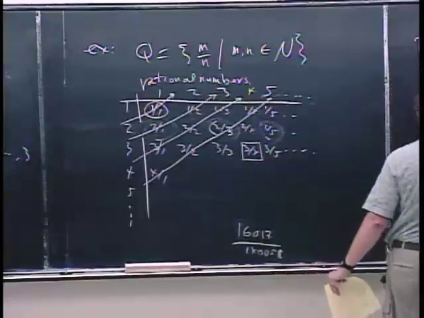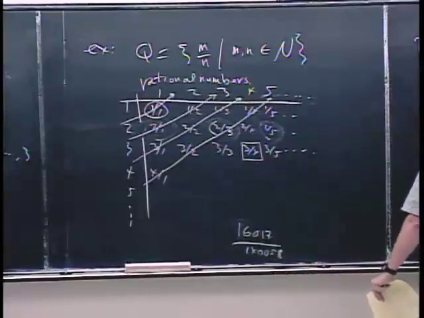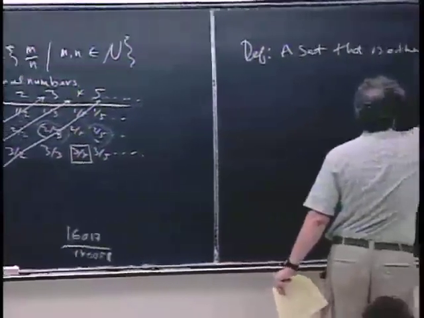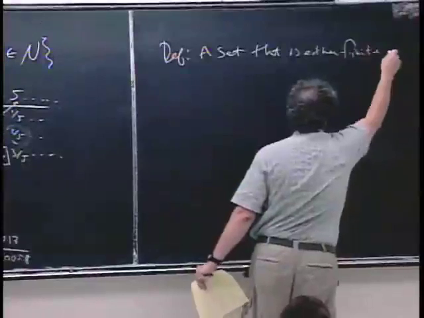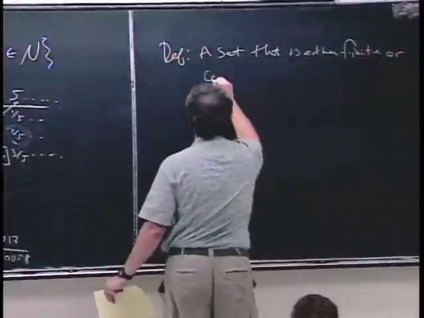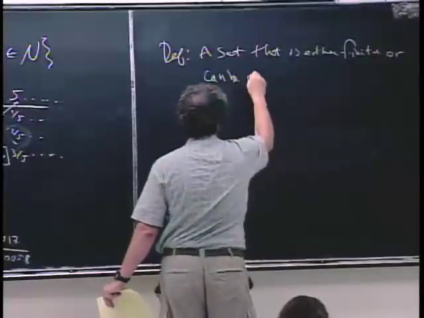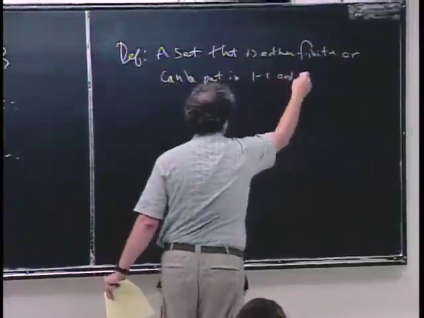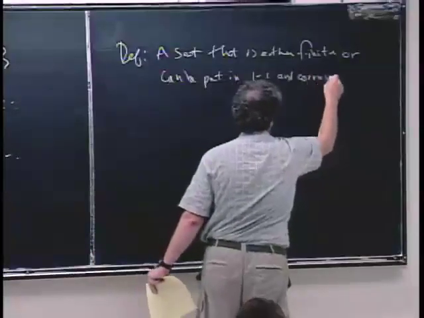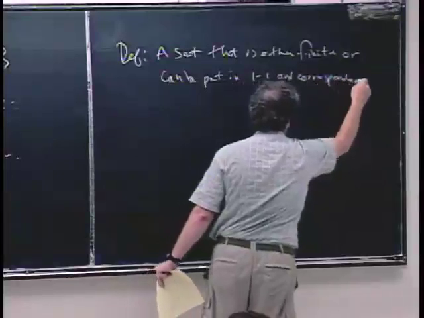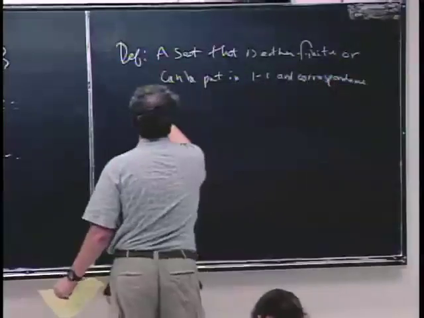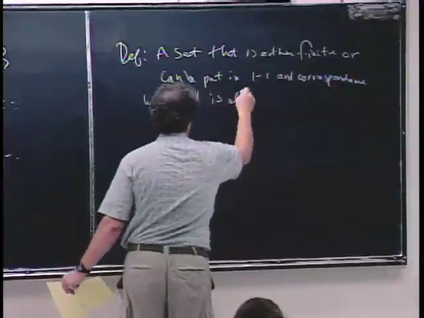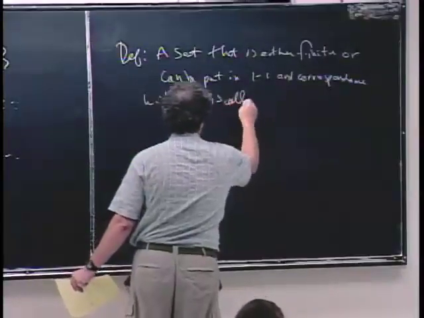A set that is either finite or can be put in one-to-one and onto correspondence with the natural numbers is called countable.